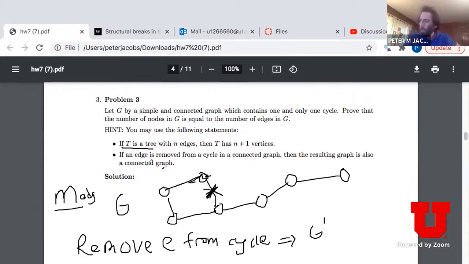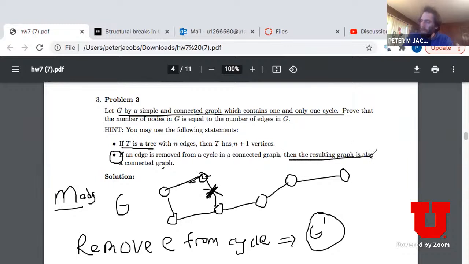But now we're going to use this other fact. The assumption here is that G is simple and connected, and it contained one and only one cycle. We removed an edge from the cycle, producing G prime. Our graph G was originally connected, and we removed an edge from the cycle, meaning there is no longer a cycle.